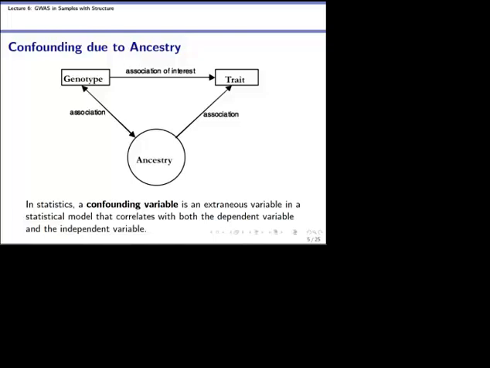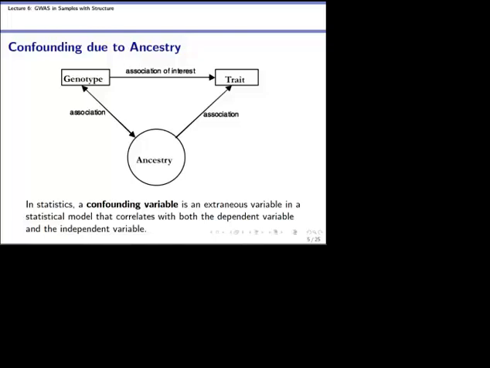But we can be concerned of, let's say you have a trait that's associated with ancestry, and your genetic marker is also associated with ancestry. So you can see an association with the trait, but it's just telling us about ancestry. It's not a direct association with the trait of interest. Okay? So it's a serious concern.